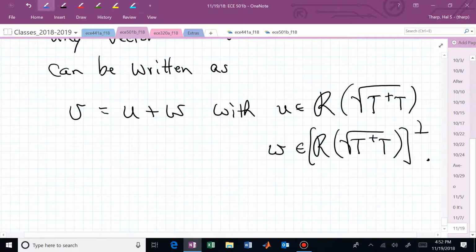So that now we can define our big isometry S. S is a combination of S1 on vectors u and S2 on vectors w.